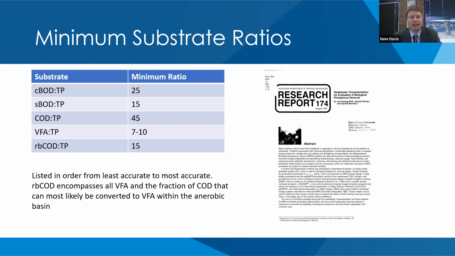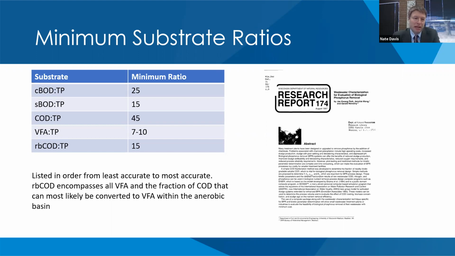If you go to a lab and tell them you want to do this, there's not a published EPA method on it, but there are published ways of doing this. Off to the side here, I've got this report written by the Wisconsin Department of Natural Resources that gives some very good discussions on sampling for influent fractions and characterizing your wastewater. And it includes a detailed description on how to do a readily biodegradable COD test.